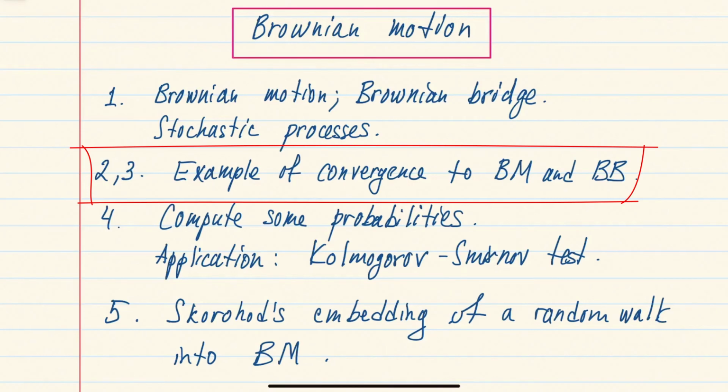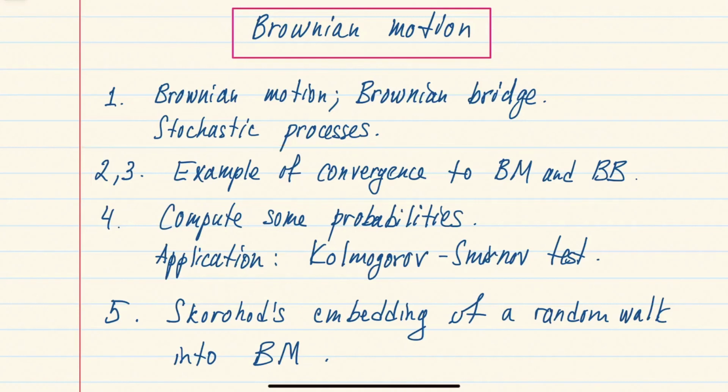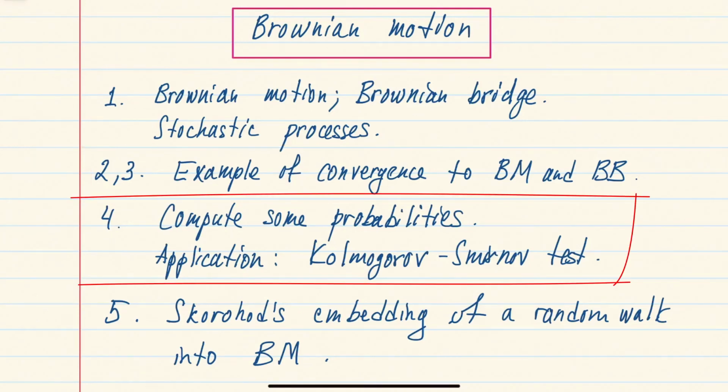So you can view this as some sort of infinite dimensional central limit theorem. Then in section 4 we will compute some probabilities of some events of interest for the Brownian motion and Brownian bridge, and as one application we will discuss the Kolmogorov-Smirnov test from statistics, which will combine the convergence result from section 3 with the computation of one of these probabilities.